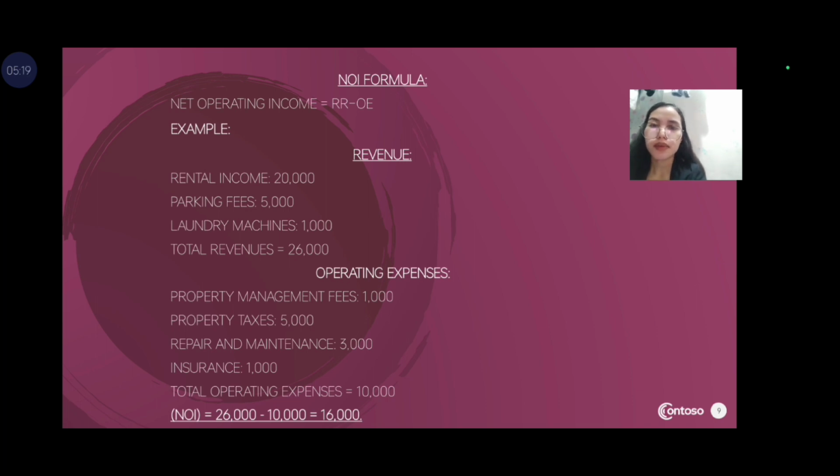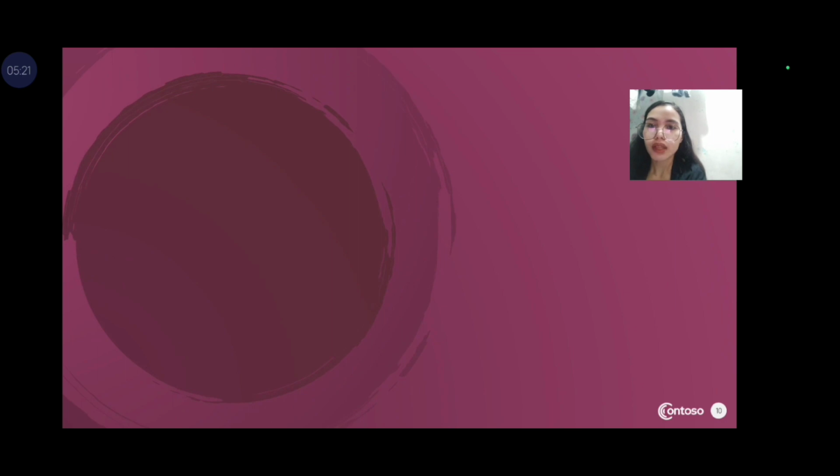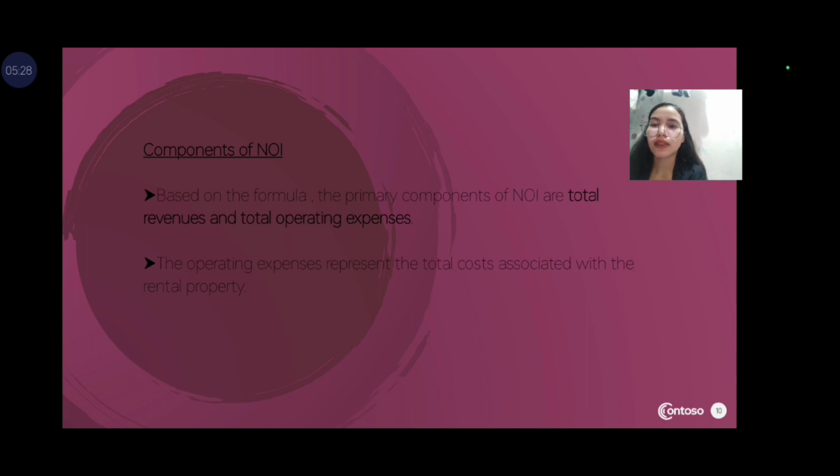So let us proceed to the components of NOI. Based on the formula, the primary components of NOI are total revenues and total operating expenses. The operating expenses represent the total costs associated with the rental property. Not only the rent, but also all the rental income from a real property is included in overall revenue.